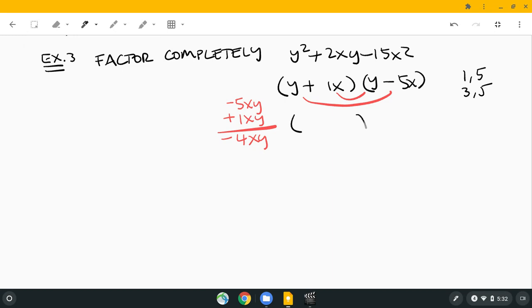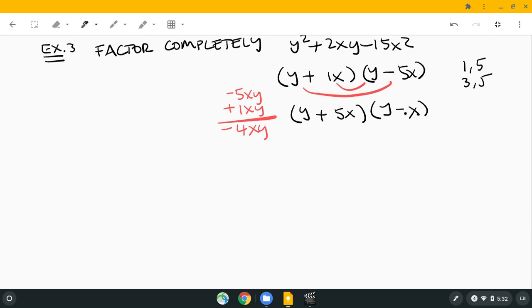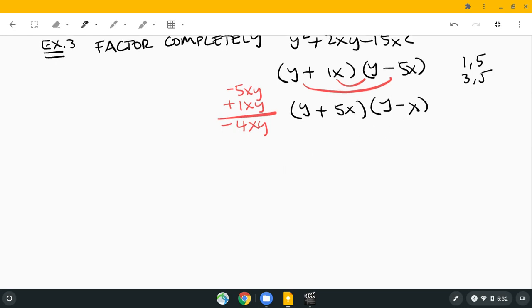Now, if I switch their positions, so y plus here, negative here, and I put the 5x here and the 1x here, this is completely different from the previous arrangement, because the signs are different. Whenever the terms are different, when you switch them it will be a completely different combination. Let's check this one.